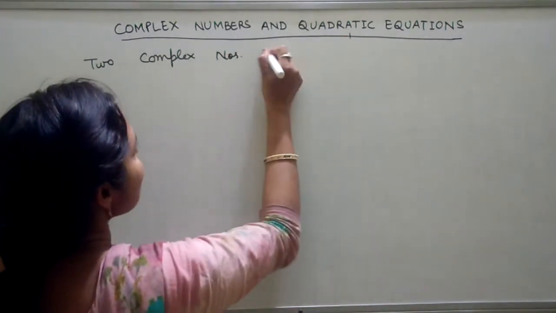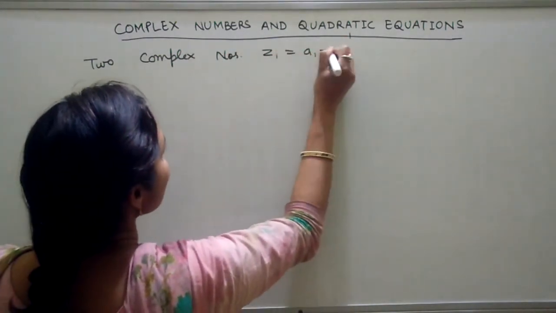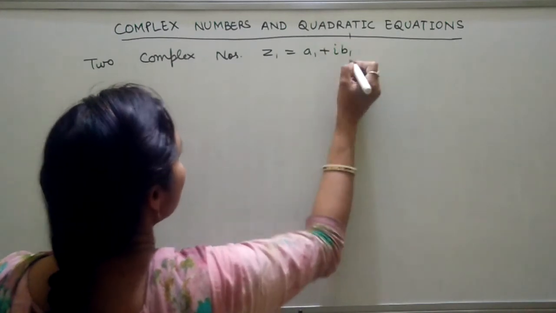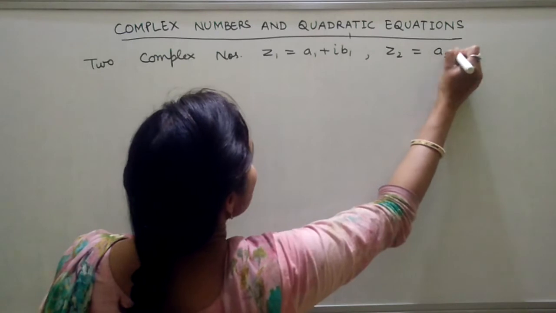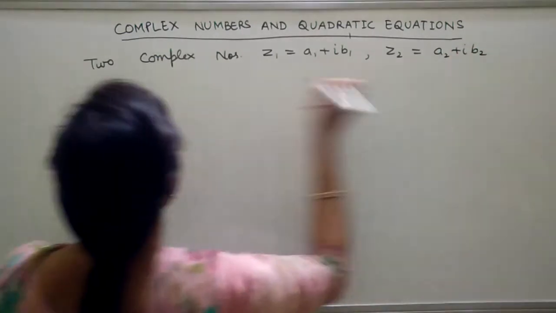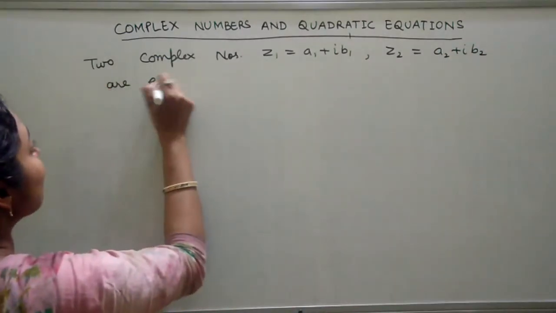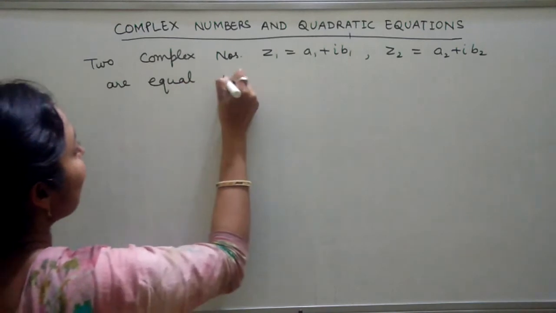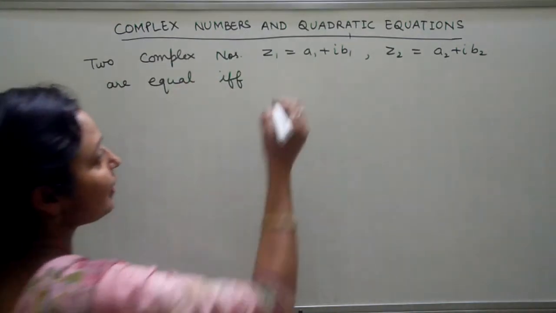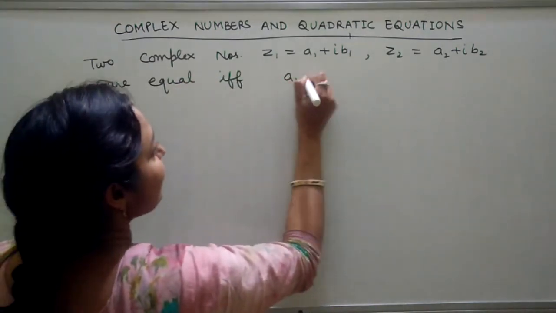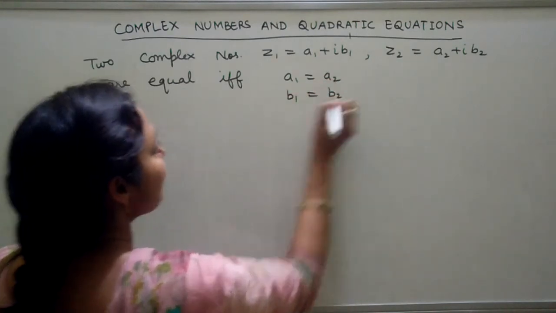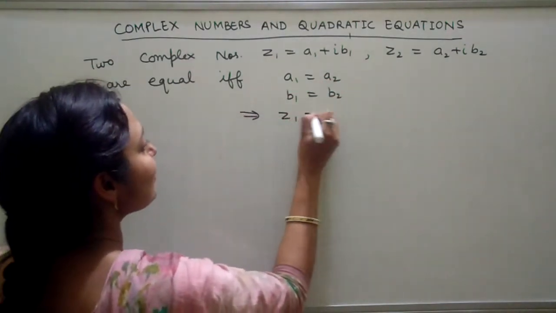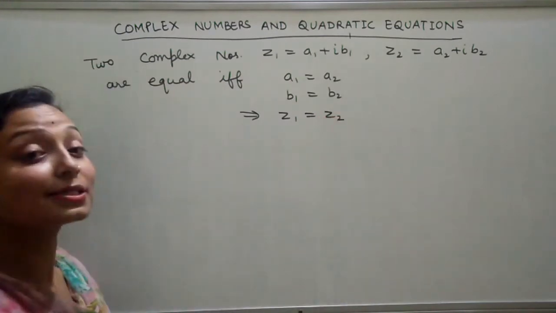Let us suppose we have z1 equals a1 plus iota b1 and z2 equals a2 plus iota b2. They are equal if and only if a1 equals a2 and b1 equals b2, then z1 equals z2, otherwise not.